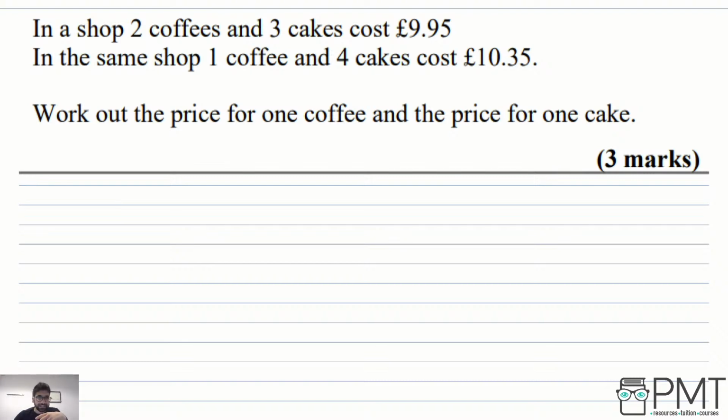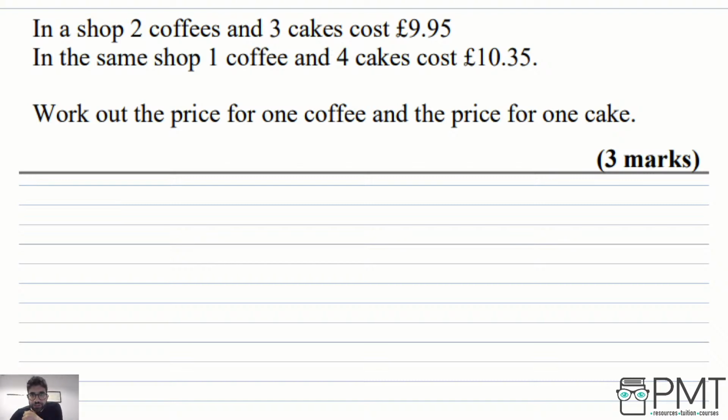You're given a situation where, instead of finding x and y, you'll need to work out the price of a coffee and a cake. So these problems require you to set the equations yourself. That can be a bit more challenging.